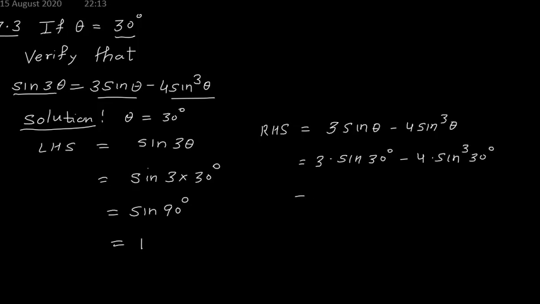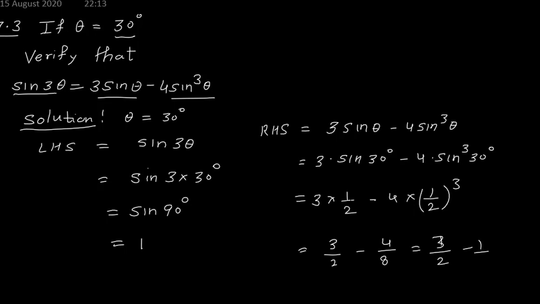So this gives me 3 into 1 upon 2 minus 4 into 1 upon 2 the whole cube. So this becomes 3 upon 2 minus 4 upon 8. Now 4 upon 8 is what? It is 1 upon 2. So 3 upon 2 minus 1 upon 2 is 2 upon 2, which is 1.